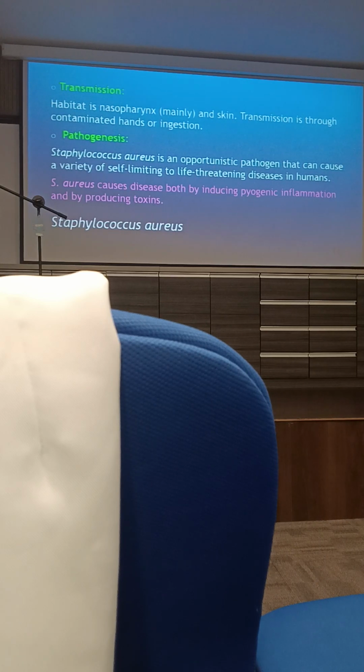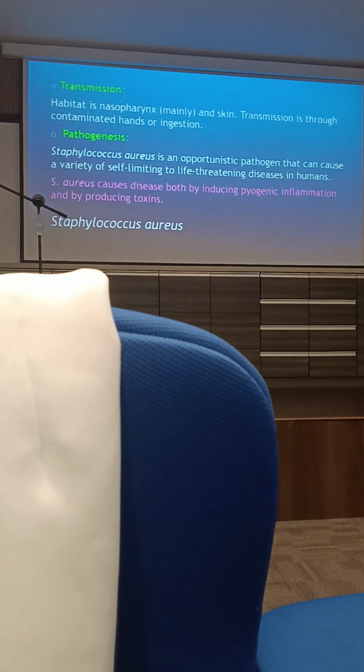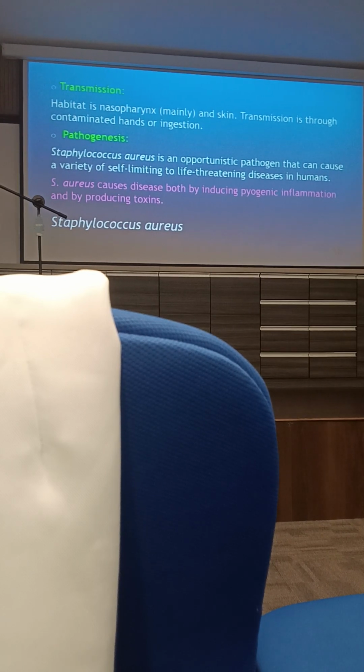Staphylococcus aureus is mainly present in the skin and in the nasopharynx. So transmission is through contaminated hands or through ingestion. When you touch your nose, people who are carriers, if you don't wash your hands, you can transmit it into food that is being prepared or to another person when you touch.